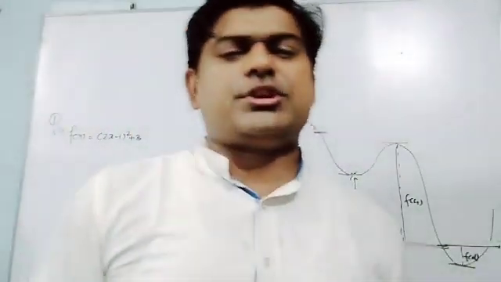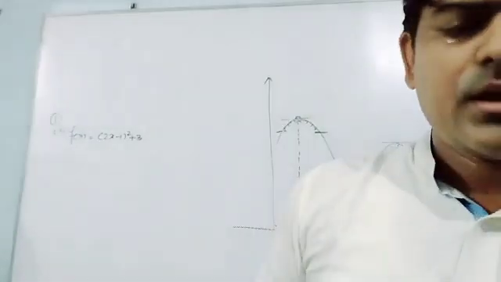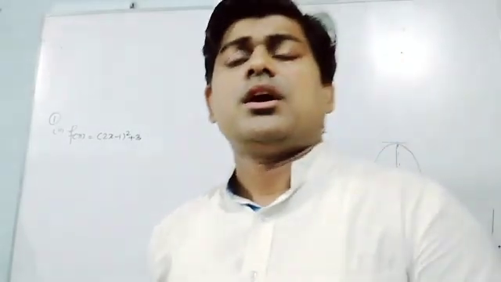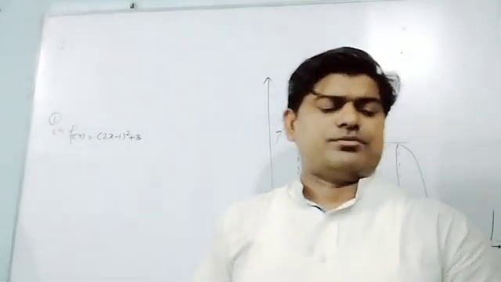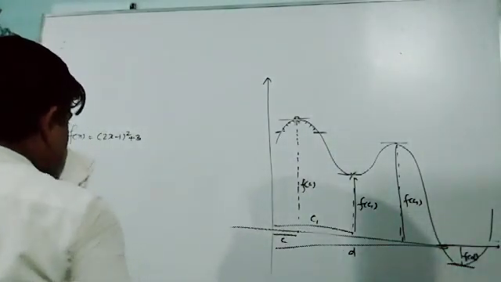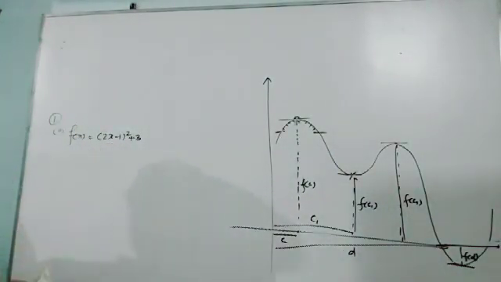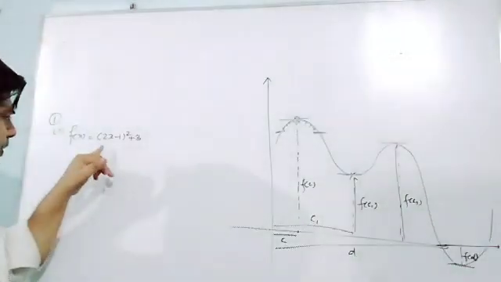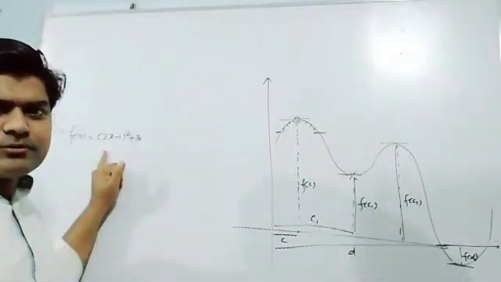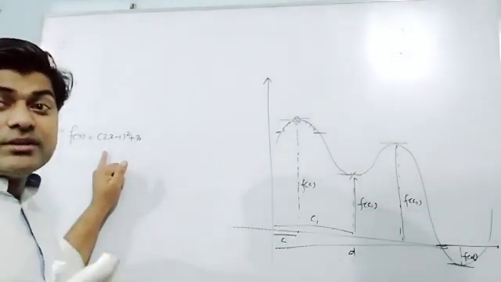Now please tell me only one thing: what should be the maximum value of this function? I think it is not defined, because for each and every value of x, (2x minus 1) the whole square will be positive, and if it is positive, it can go higher and higher, and we will not have any limit there.